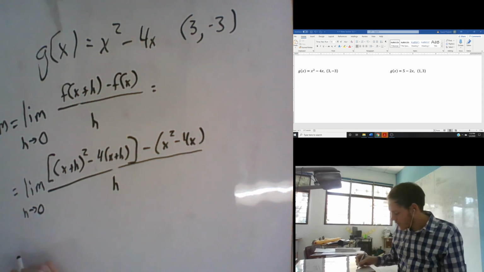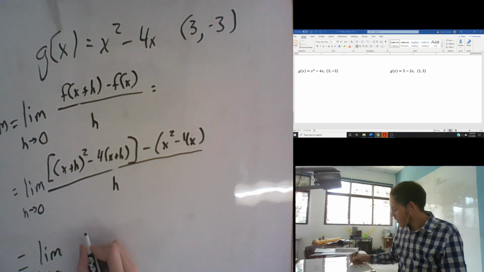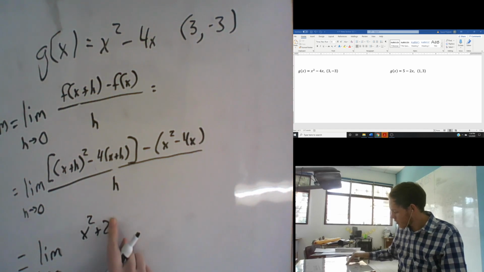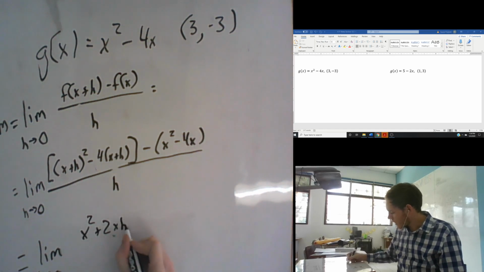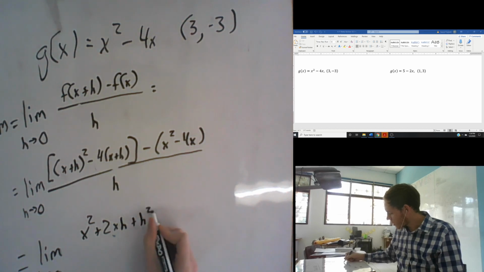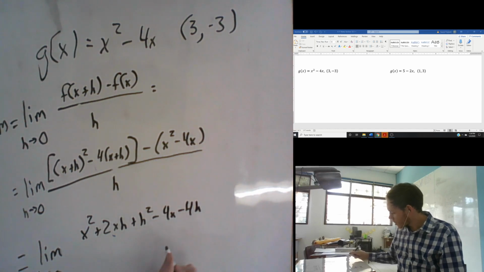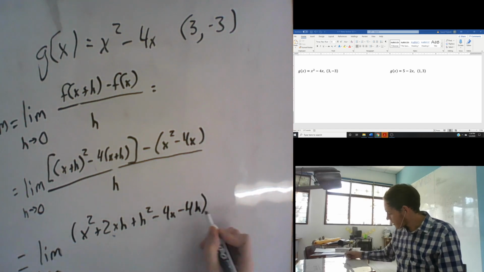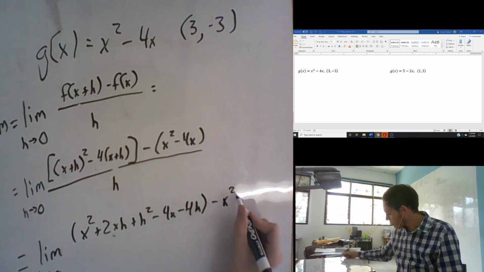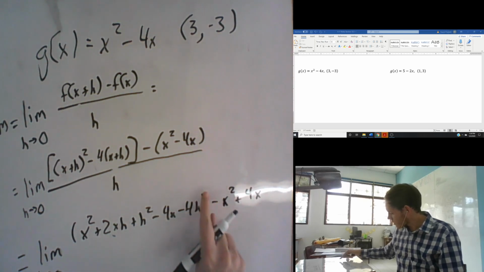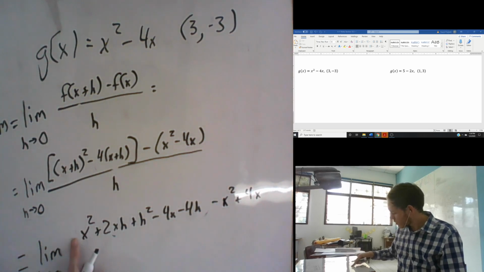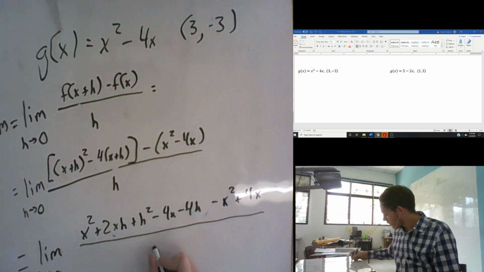So we get the limit as h approaches 0 of x squared plus 2xh plus h squared minus 4x minus 4h, and then that's going to subtract x squared minus 4x.